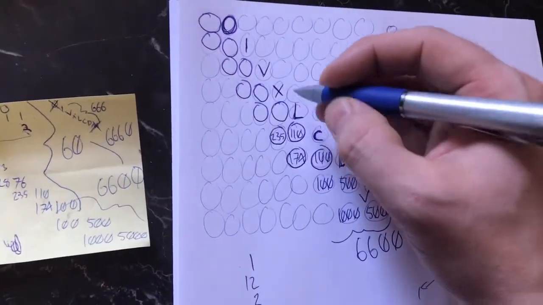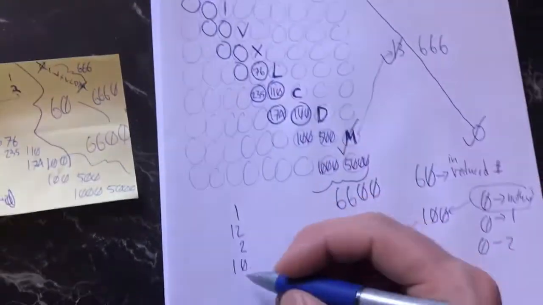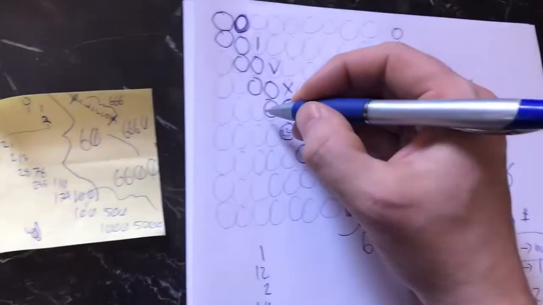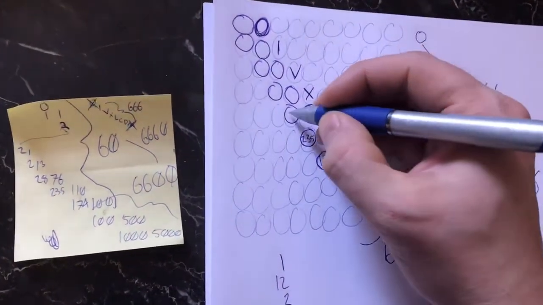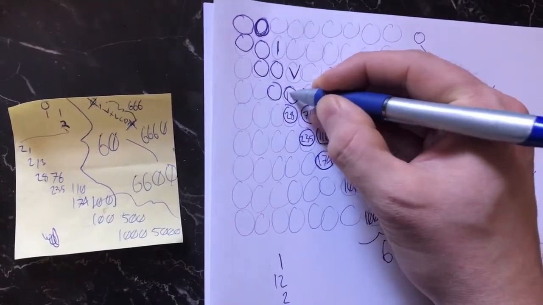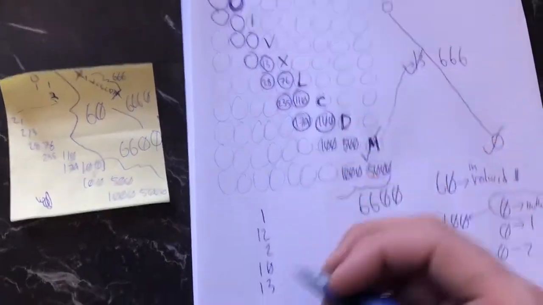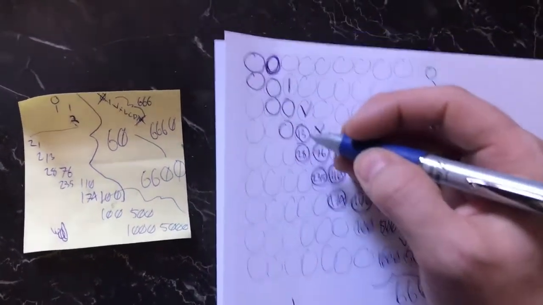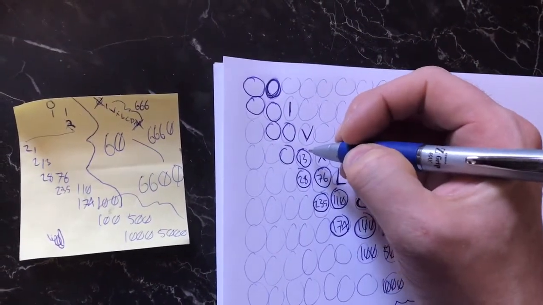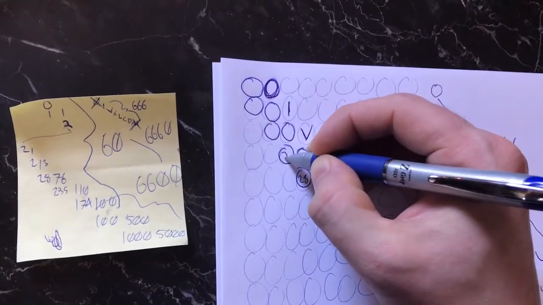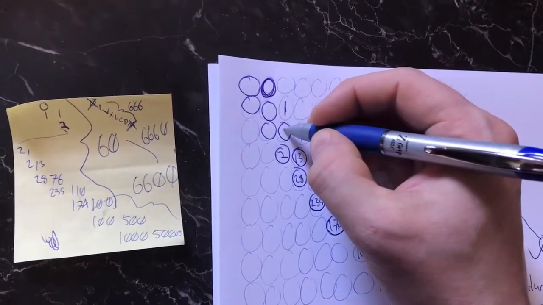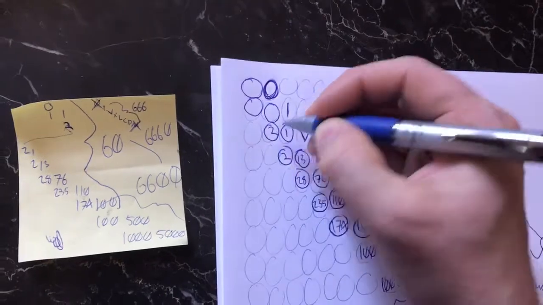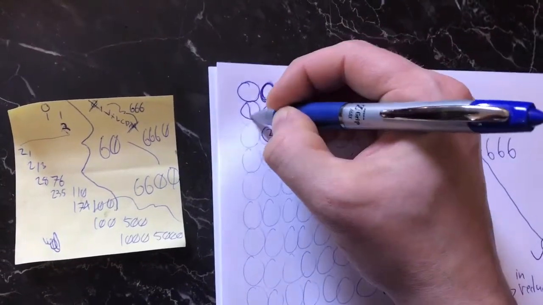And then you got your 76, which is a 13. And then you got your 28, and then you got your 13, which is a 10 and a 4. And then yeah, it goes 2, 1, 2, 1, 1.